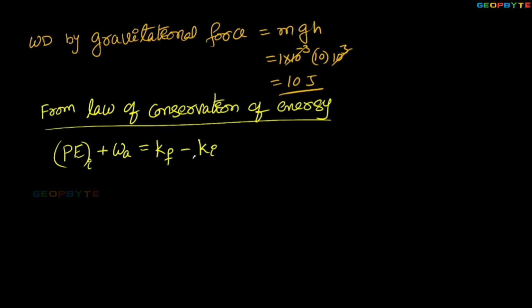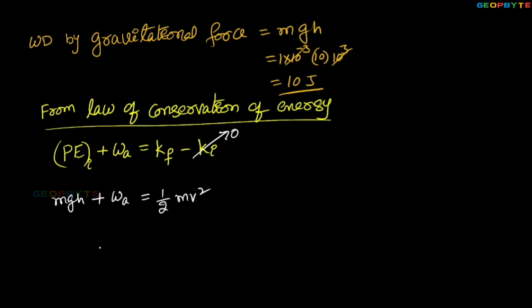Here the initial kinetic energy is 0 because initially the droplet is at rest. Then initial potential energy is m g h, plus work against the air resistance, plus half m v squared.